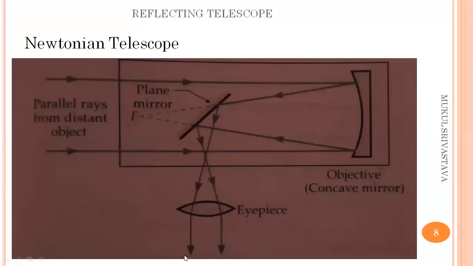Now, this eyepiece is so adjusted that it is perpendicular to the axis of the instrument. The eyepiece forms a highly magnified, virtual and direct image of the distant object.